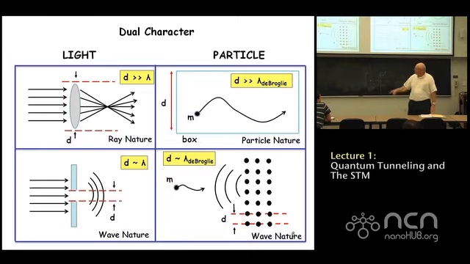So for instance, if you put a particle of mass m, let's say it's an electron, in a box, and the box has a dimension d, and if you calculate the de Broglie wavelength lambda given by this equation, if that wavelength is much, much smaller than the dimensions of the box, then the particle behaves as a particle, F equals ma, right? You got classical motion.